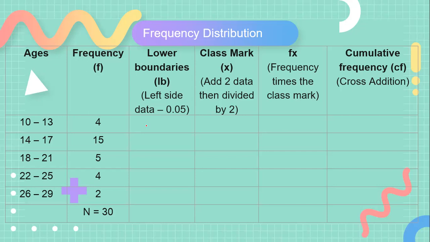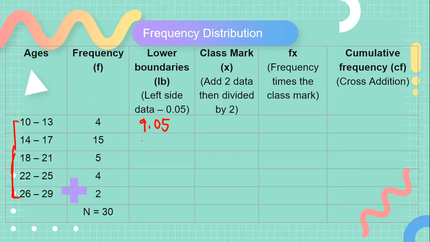The lower boundary is the left side of our data minus 0.5. So 10 minus 0.5 is 9.5.